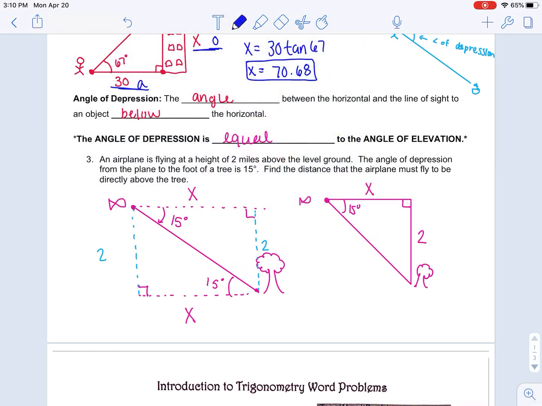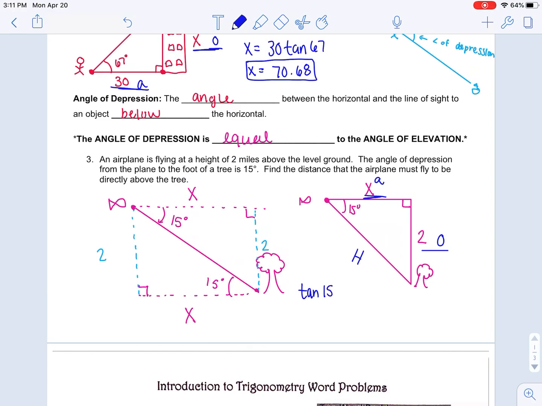So now that we have our triangle, we can label our O, our A, and our H. Across from our right angle is our H. Across from our 15 degrees is our O. And beside our 15 degrees is our A. So this one, we know O, we want to know A. So what uses O and A? Tan.